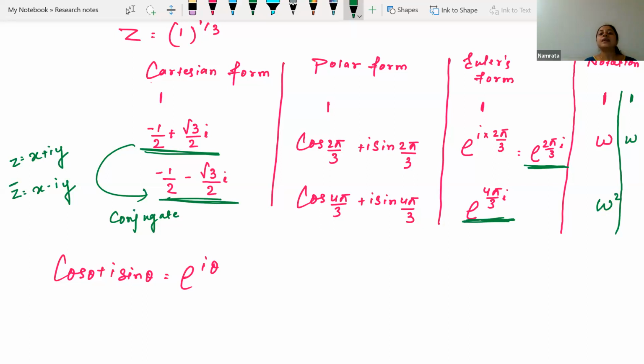So they said that we can take it as 1, omega, omega square, or we can also take it as omega bar by seeing the result in the Cartesian form. So either 1, omega, omega square, or sometimes we'll take 1, omega, omega bar to represent these three values of the cube root of unity. Is it clear? Yes, ma'am.